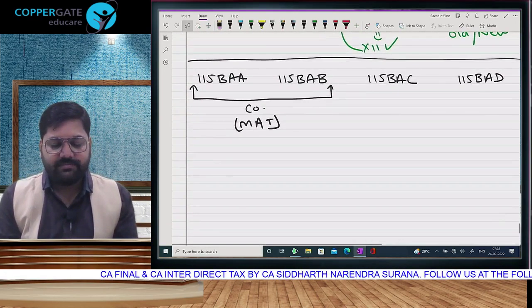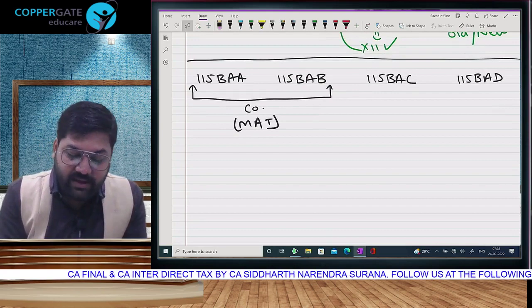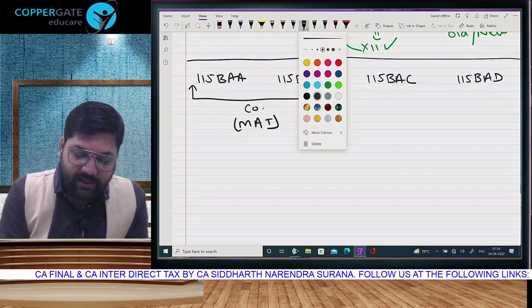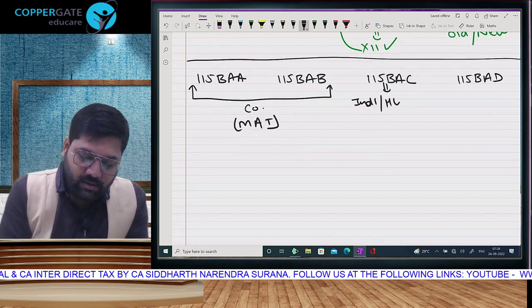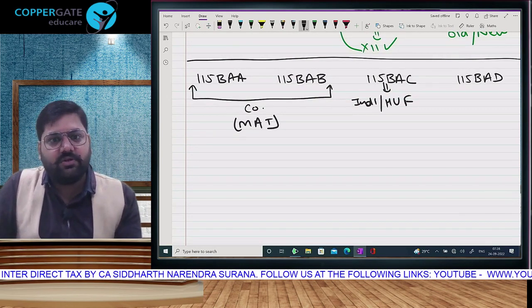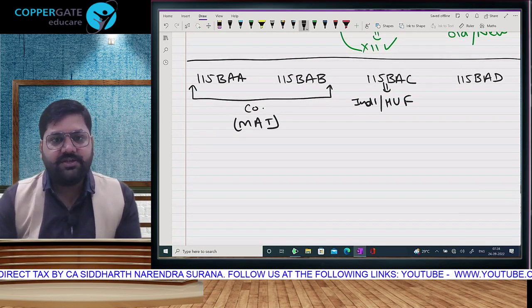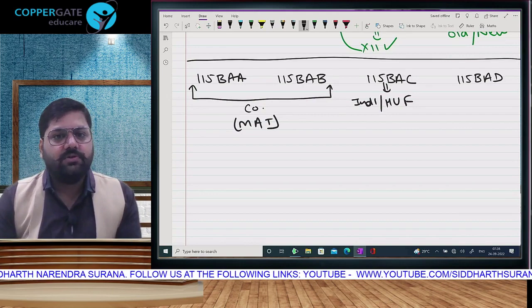Minimum alternate tax. 115BAC is applicable to individual, HUF. So have we studied the individual HUF old regime in this chapter? Yes. So the new regime also we are going to study in this chapter only.